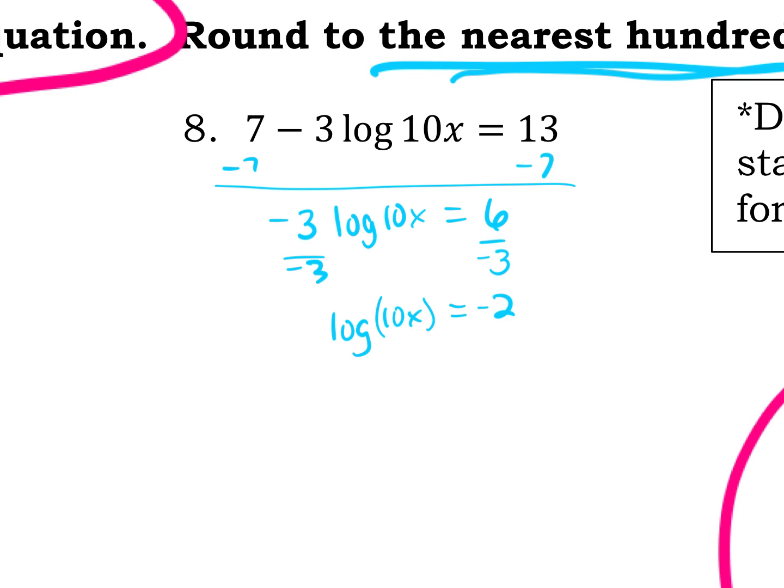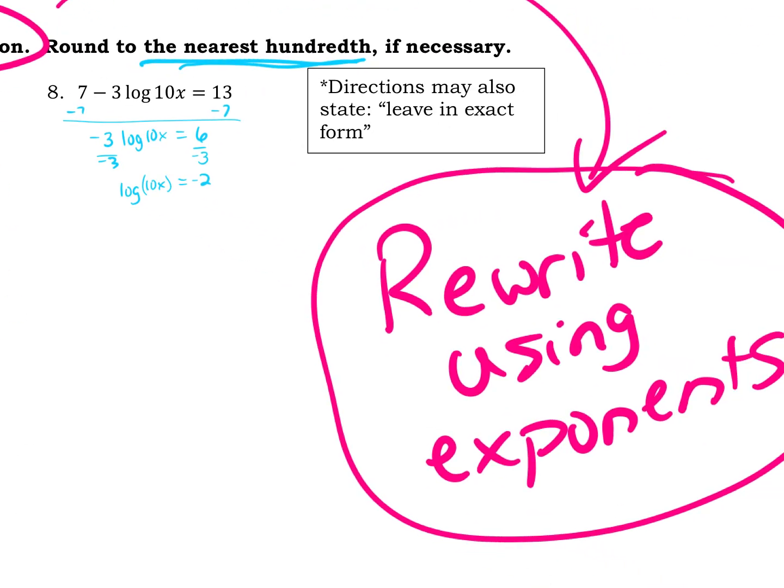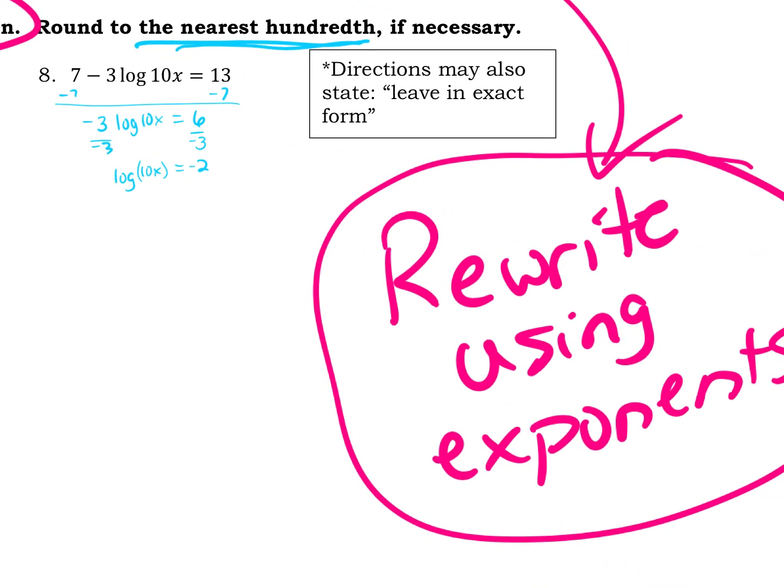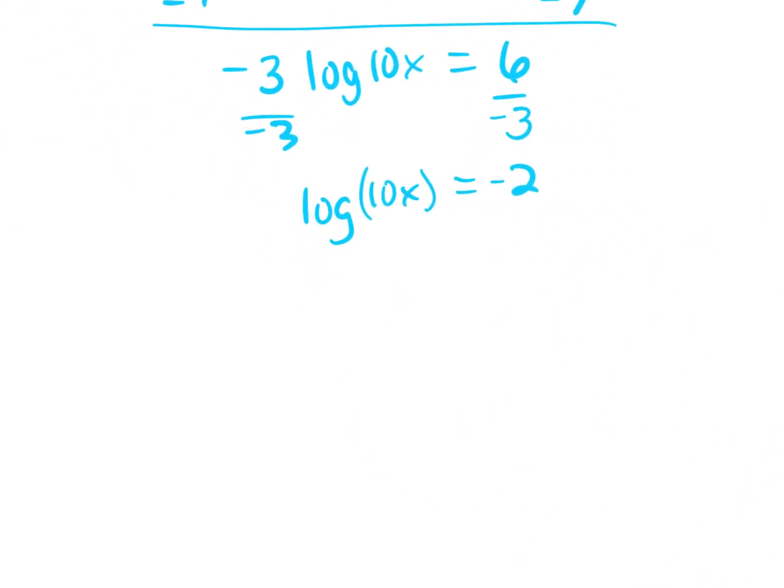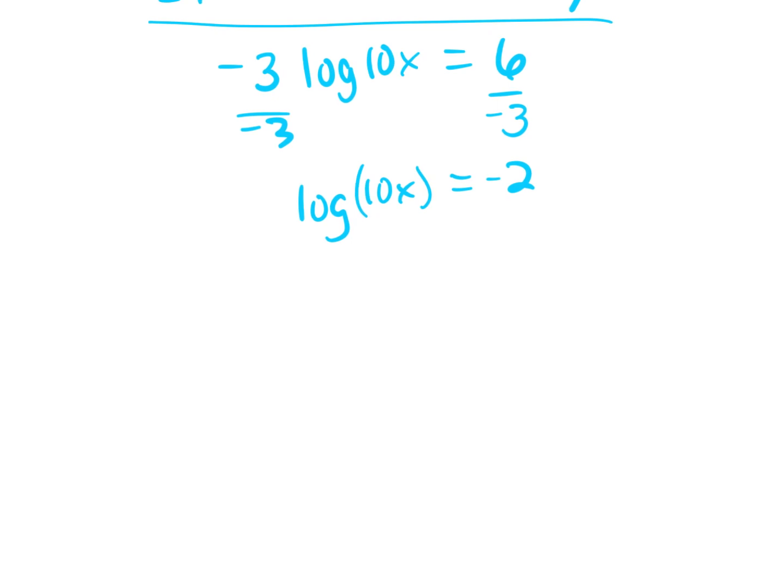All right, we're kind of at a stopping point because it's like, okay, now what? And that's when you need to be thinking, this is a logarithmic equation, so I need to rewrite using exponents. So Vivian, how do I rewrite that using exponents? 10 to the -2 is equal to 10x. Beautiful.